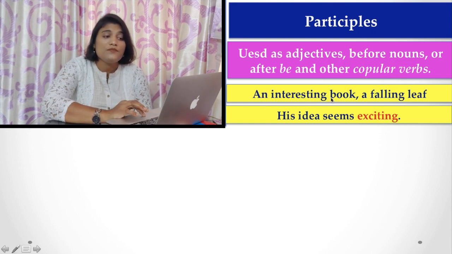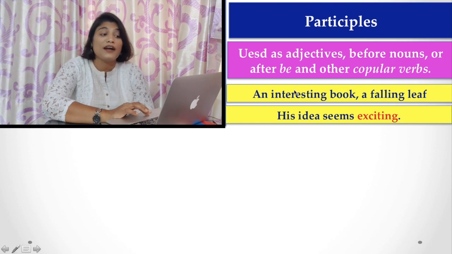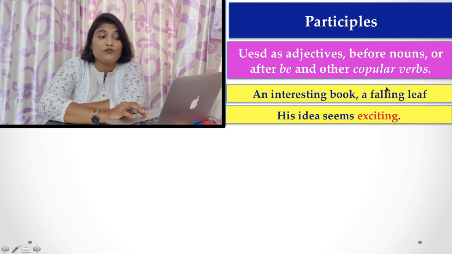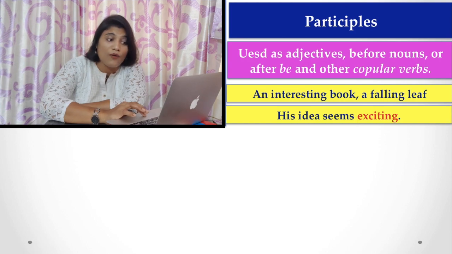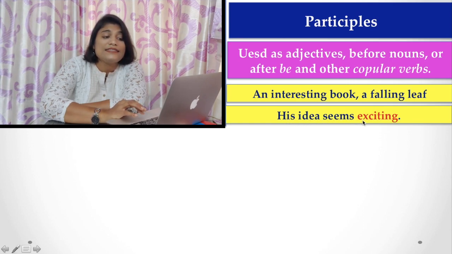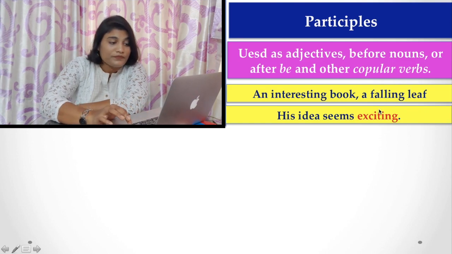An interesting book: before the noun you find interesting, a verbal adjective or participle. A falling leaf: here also before the noun you find the use as an adjective. His idea seems exciting. Here also you find exciting, used just like an adjective.